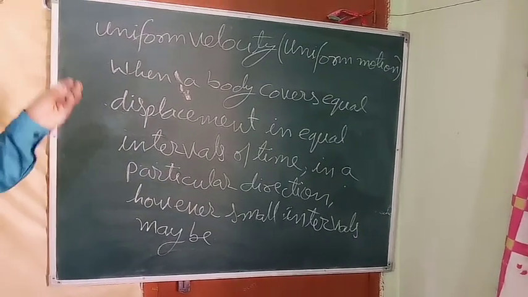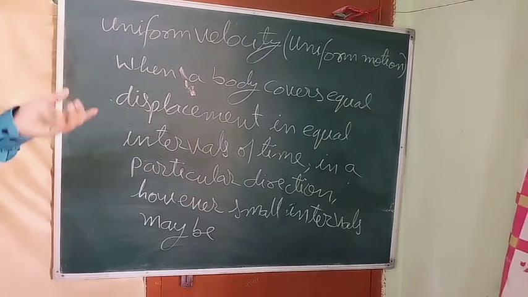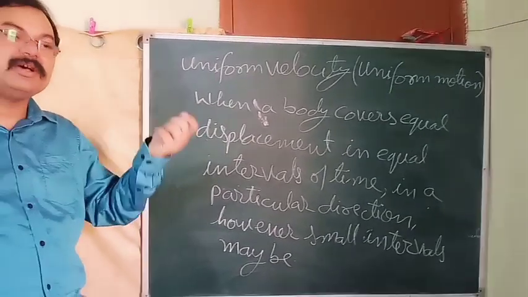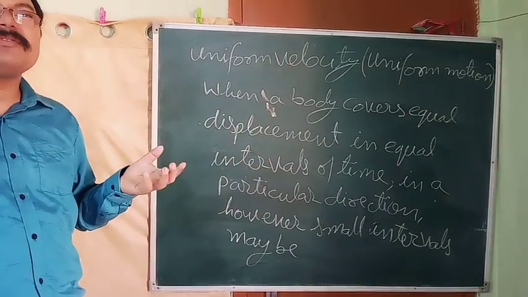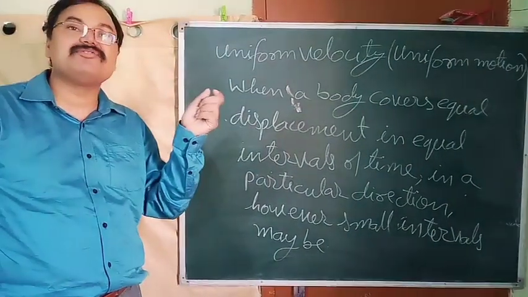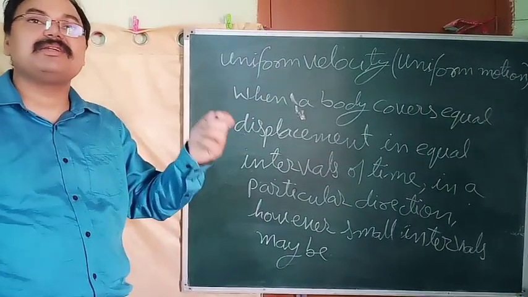Suppose there were 4 observers, A, B, C, D. A was taking a time interval of 5 seconds, and in each 5 seconds he found that the body is covering 100 meter, 100 meter, 100 meter.